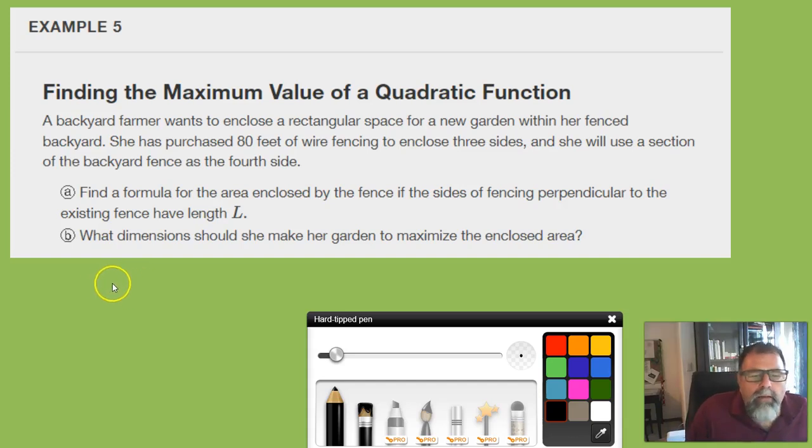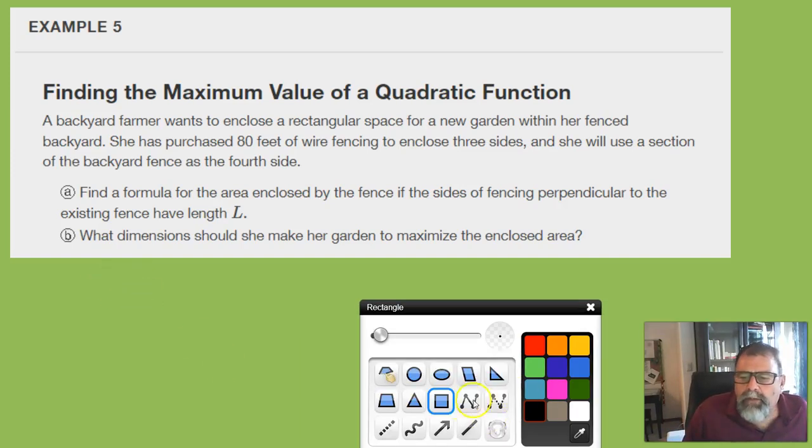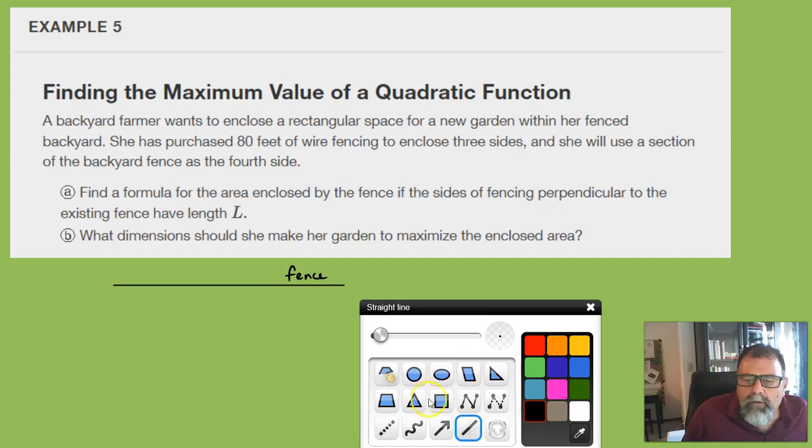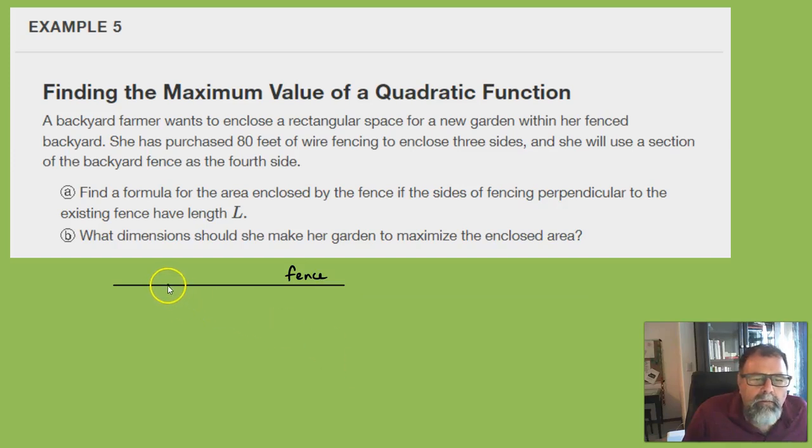So let's say this is my fence, this line. Okay, so here's our fence in my backyard. And then I'm going to do a rectangular garden, and I'm only going to put wire on the 3 sides.